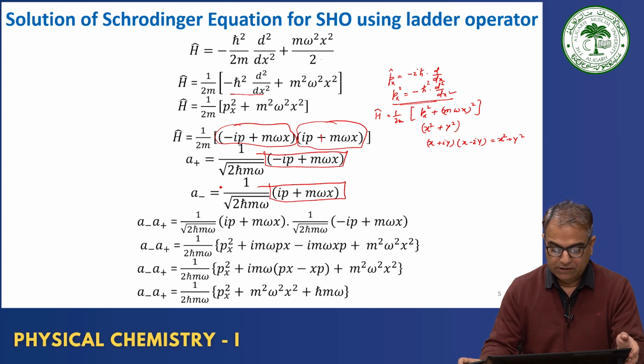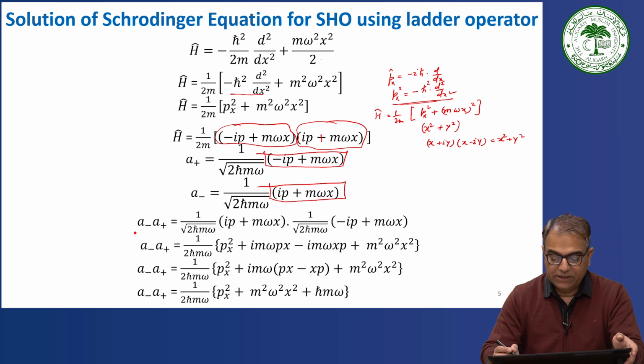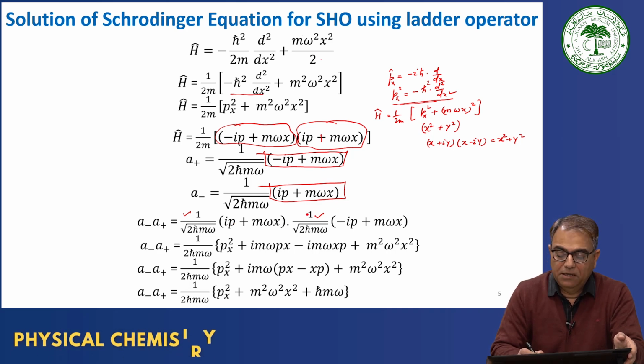If you use this, then what can you write? If I write a minus a plus and start calculating, what do you get? You get ip plus m omega x and then minus ip, and if you multiply, the under root will go, and then comes the operator algebra, because the P which you have used is a momentum operator and the X is a position operator.